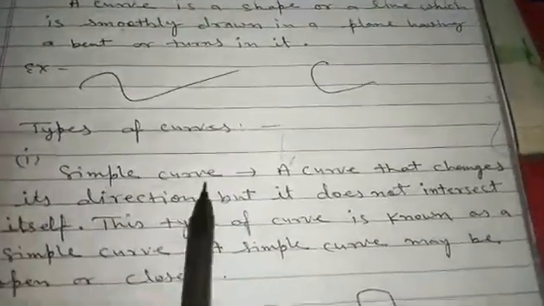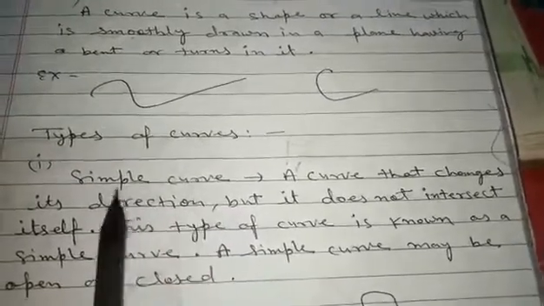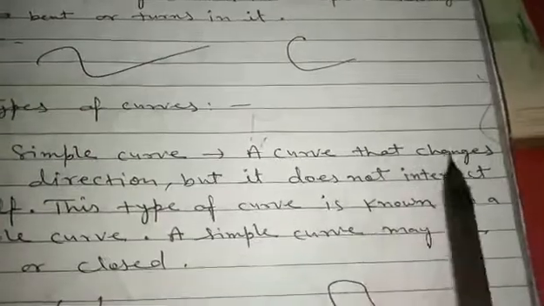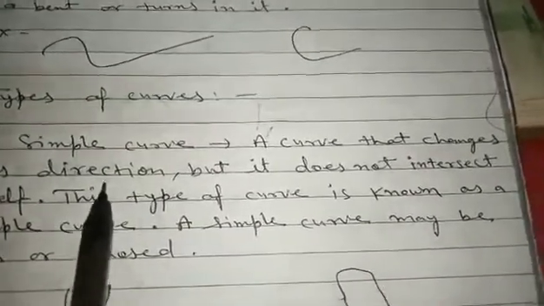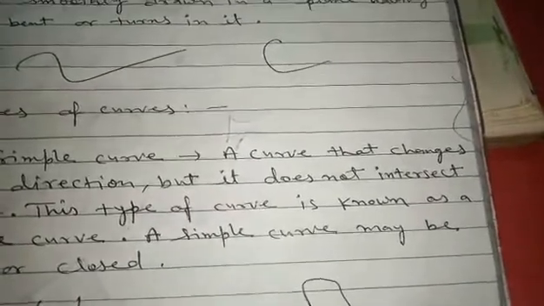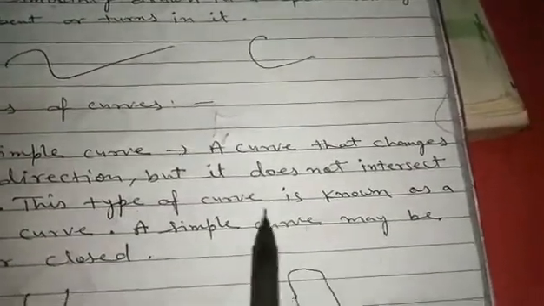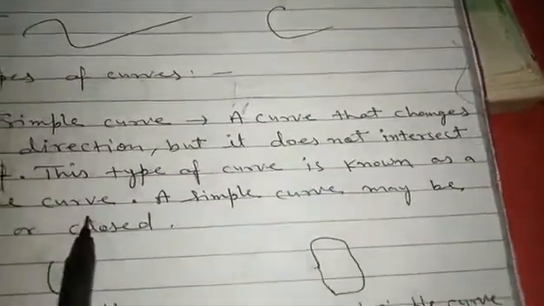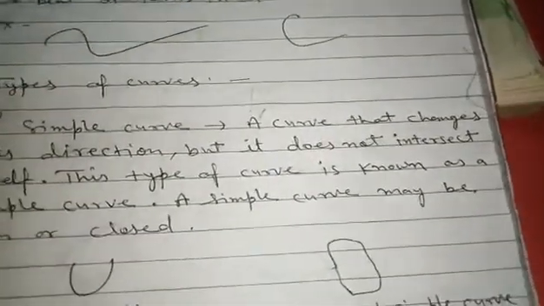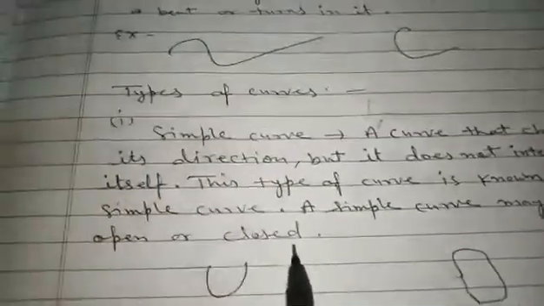First, simple curve. A curve is said to be simple when it changes its direction but does not intersect itself. This type of curve is known as a simple curve. A simple curve may be open or closed.